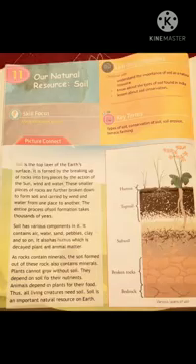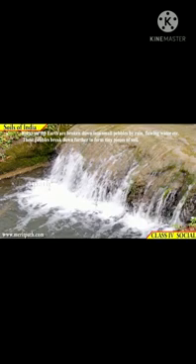First, rocks are broken down into smaller pieces. Big rocks? No, all those rocks are broken down to form the soil. Those small pieces of rocks are carried by wind and water from one place to another place.